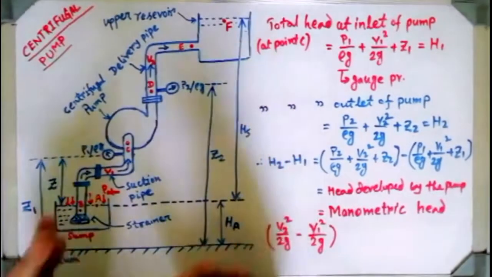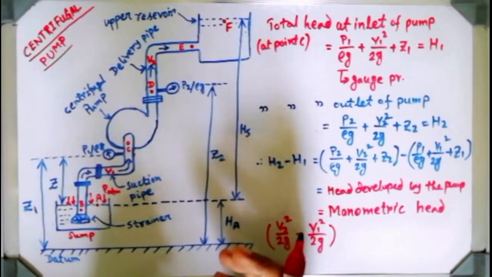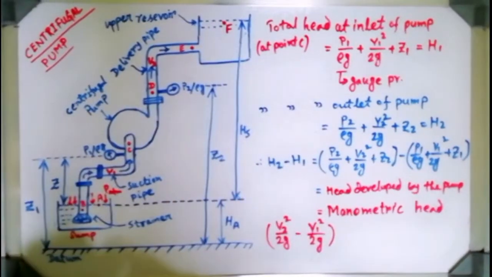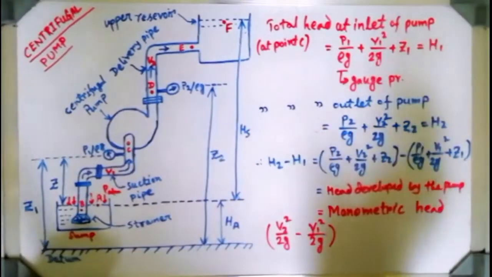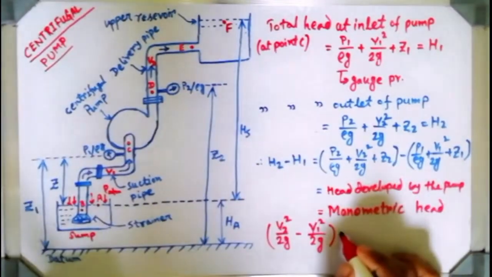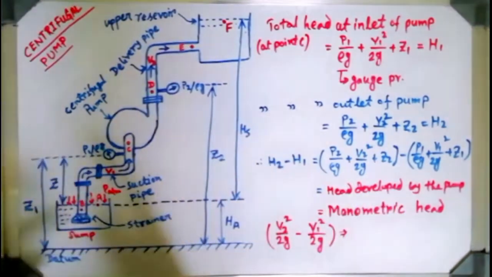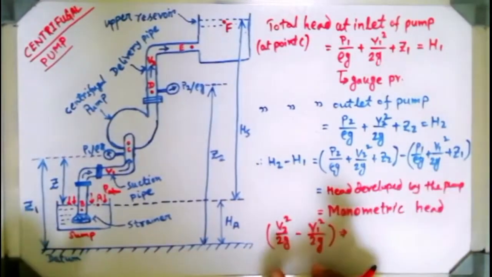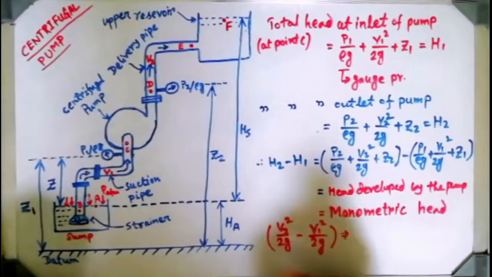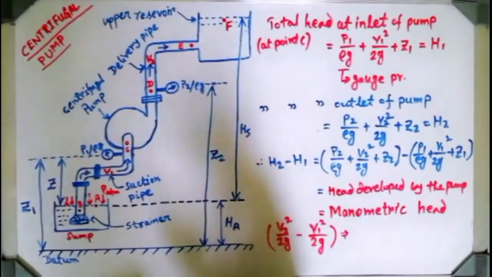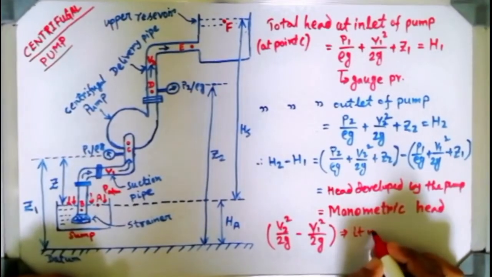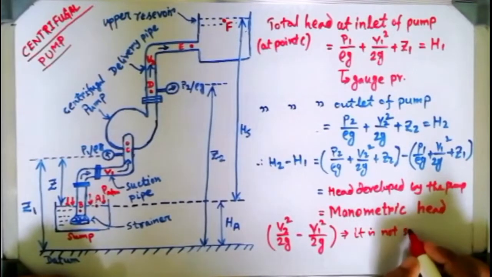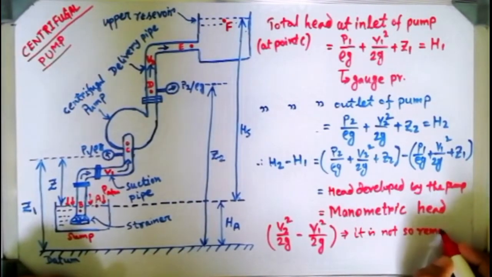We can eliminate some terms if they are not putting high impact on your expression. That is a very common practice we do frequently. In your higher study you also can see that kind of thing. Here we have seen practically that this velocity head difference between inside and outside is not so significant, not so remarkable.